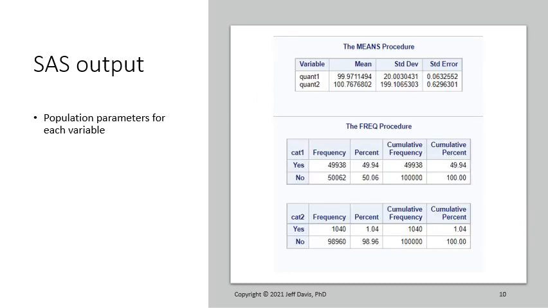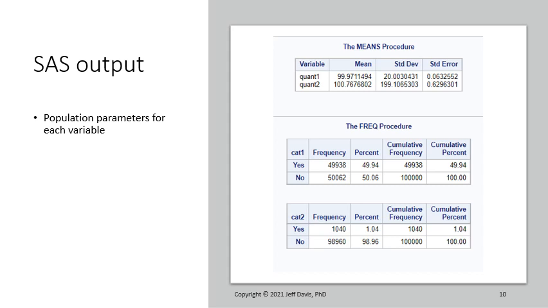The next set of output you should get after you run your program is the Proc means procedure and the Proc freq procedure. The first set of output is for the population, so this is the Proc means and Proc freq on the population data.